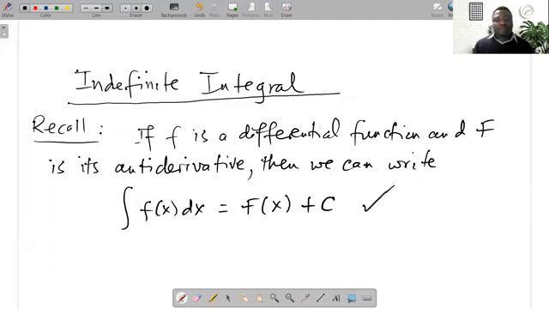All right. So this is where I believe we were looking at the last time. But that is what we call the indefinite integral.